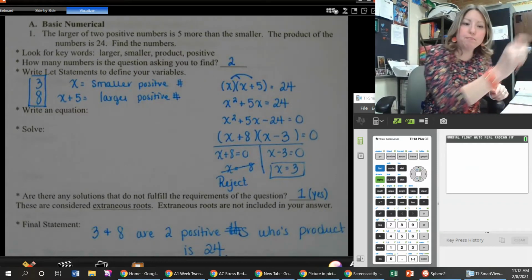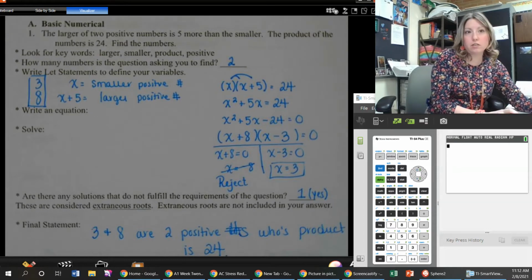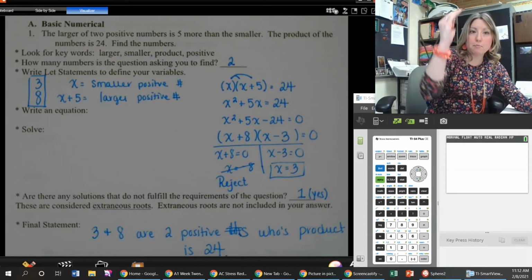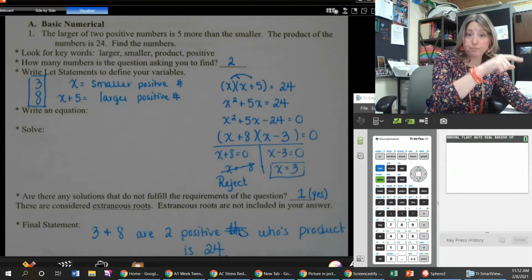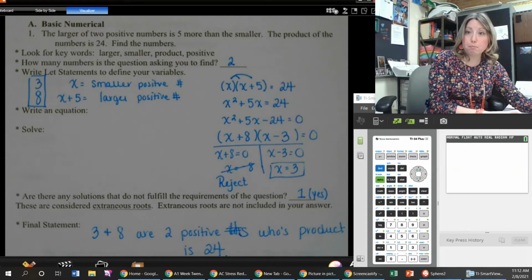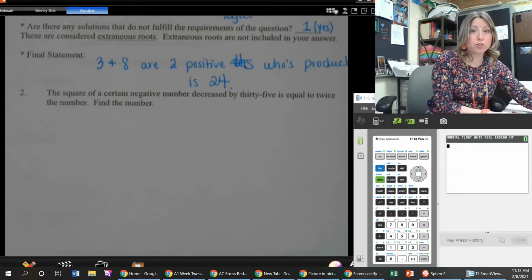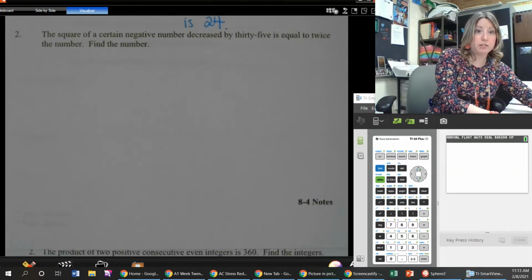I have an idea. Since we have a second one right here, I want you to pause and try this next one. Again, make sure you have everything down that I've just done for the first one, and then pause it to do number 2. Now, before you pause it for number 2, let me just read number 2.